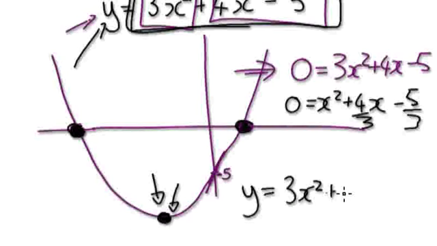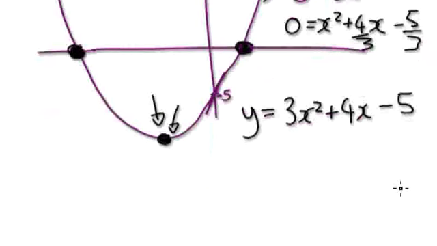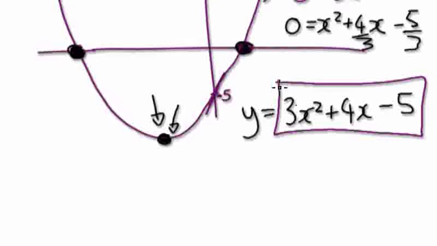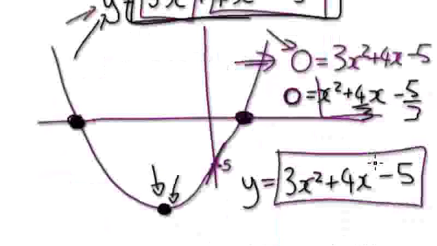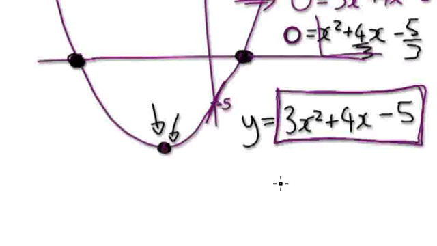Let me just copy this down. Plus 4x minus 5. Now you've got to be able to rewrite this whole thing and preserve it. Up here you can put 0 into the y and then divide everything by 3, and 0 divided by 3 is a convenient 0. But because you want to find out this point here, you've got to preserve the whole thing. So let's rewrite this whole thing.